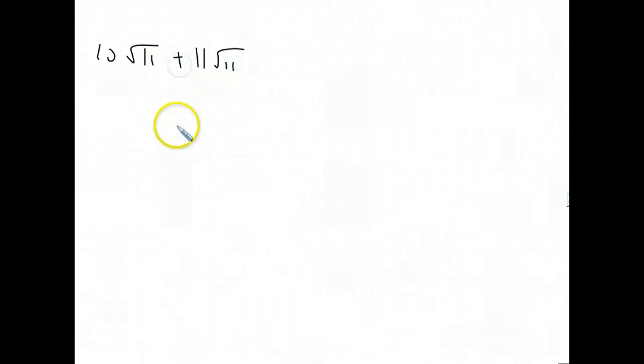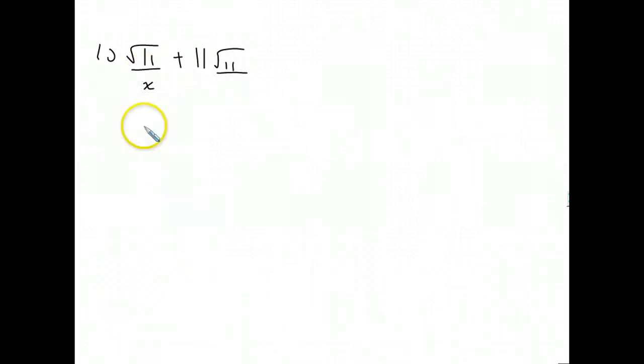When we actually add and subtract our radicals, say we have 10 square root 11 minus 11 square root 11. Actually, I'm going to make this plus. Do not do anything with these other than treat them like they are exponents or x's.